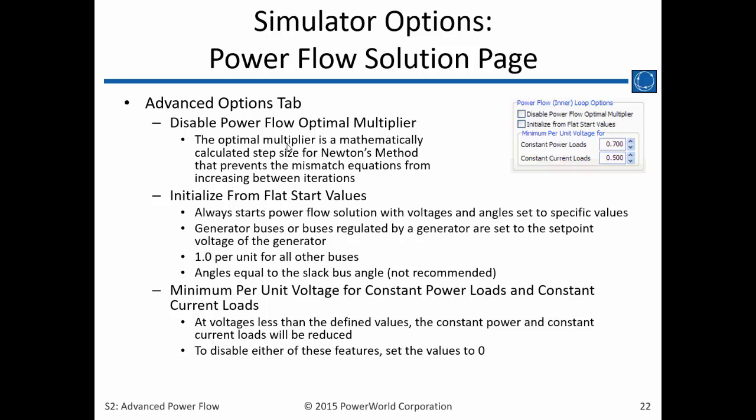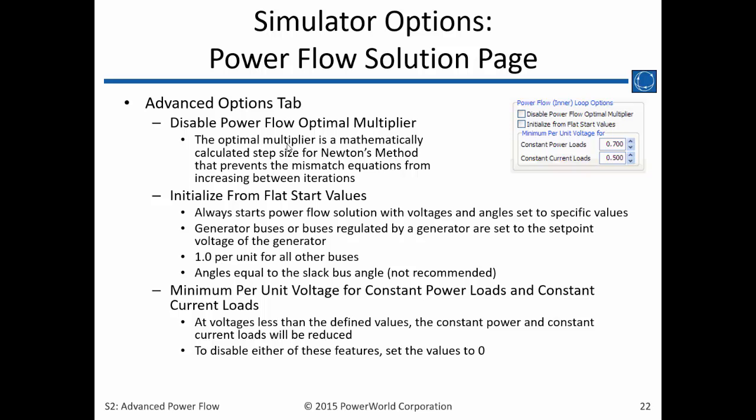You basically have a really wide parabolic shape at the bottom, and the optimal multiplier tries to find the best step size to move from wherever it is on the curve now to the minima.